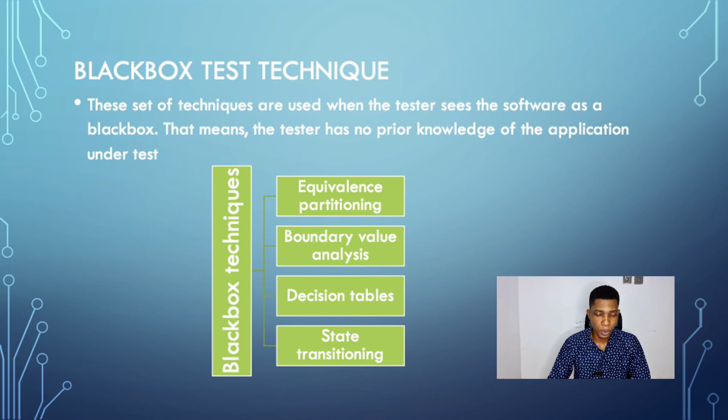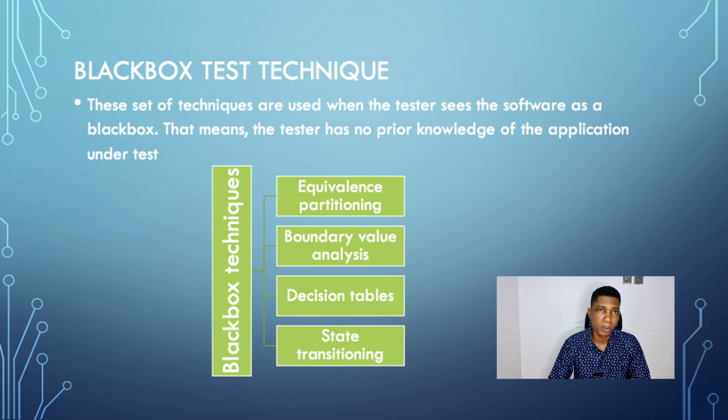There's also the boundary value analysis technique, in which the tests are designed to include representatives of boundary values in a range. So let's go back to our age text box. We're testing that the text box can take 18 to 60.